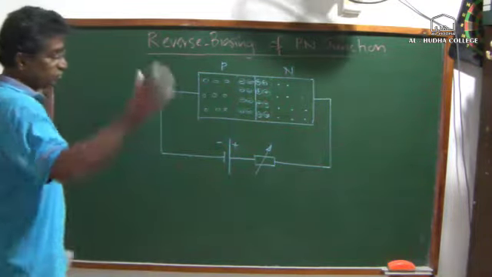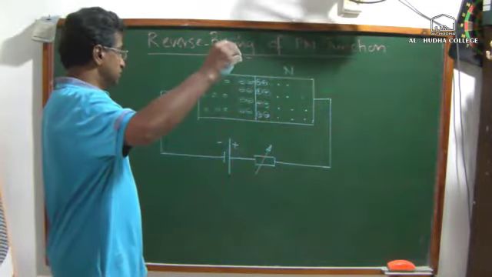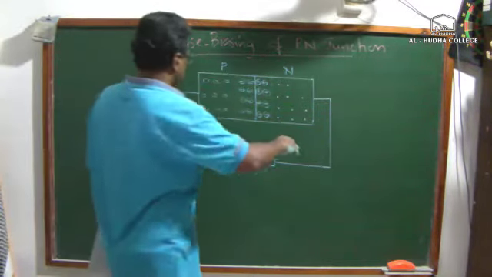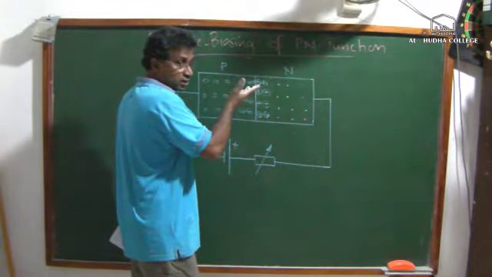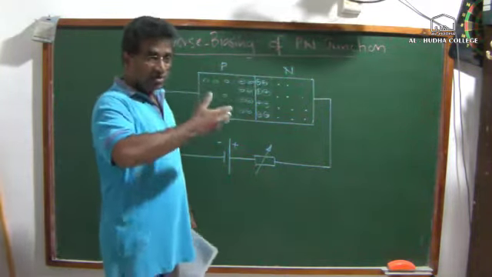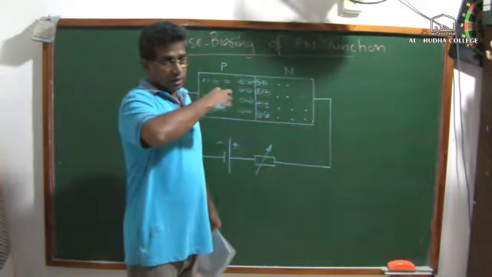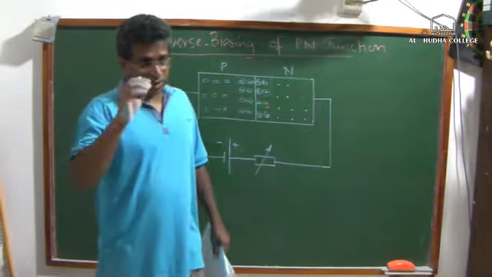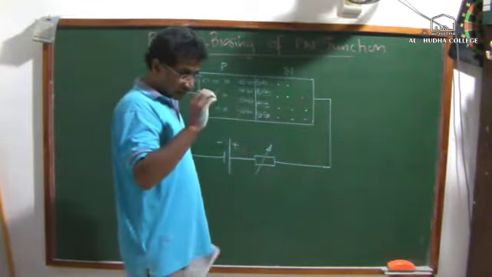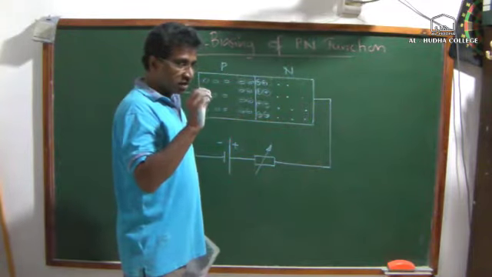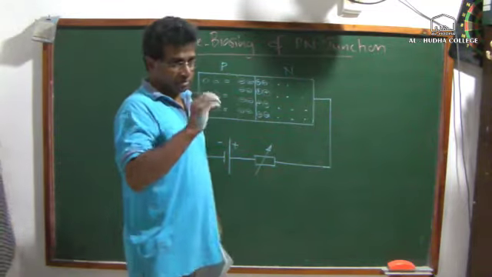So in the forward bias condition, we said when the voltage increases beyond the barrier potential, current will start flowing. Before that, because of the minority carriers, there will be some amount of leakage current flowing, but it is not significant.